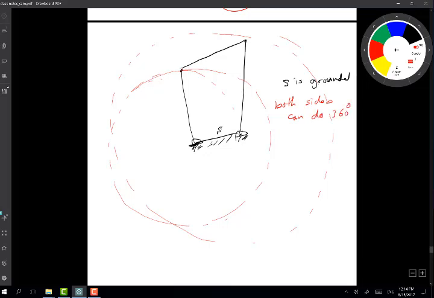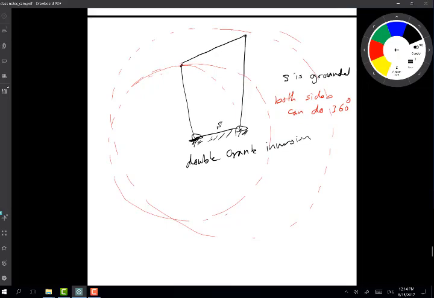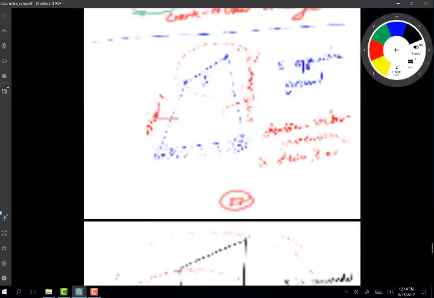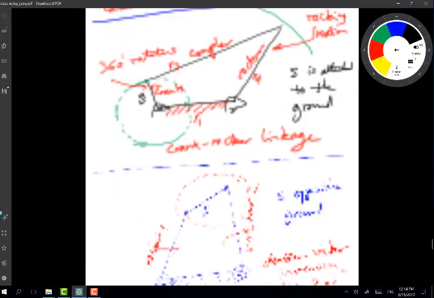So in fact, in this case, I have two cranks, right? So this is a double crank arrangement. So that's a double crank inversion, if you like. So now if S is grounded, you have a double crank inversion.